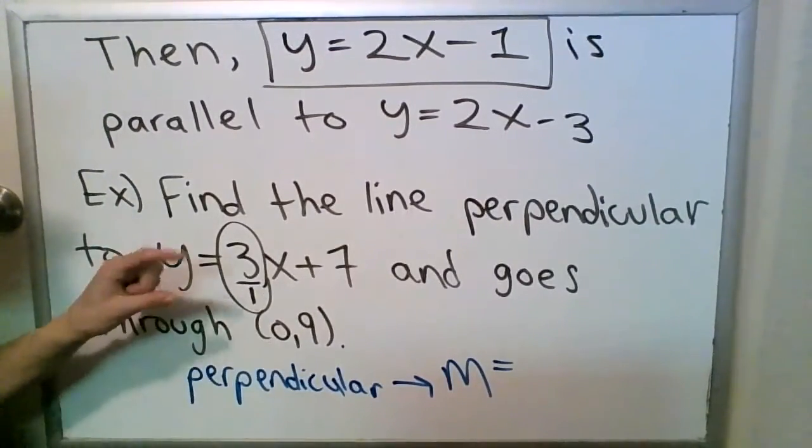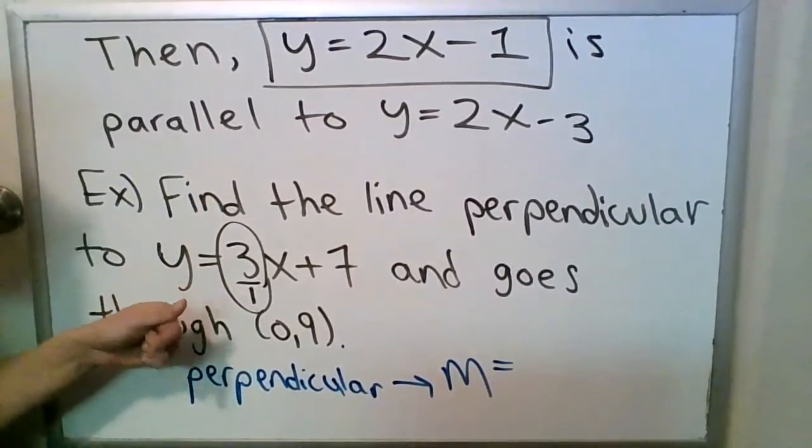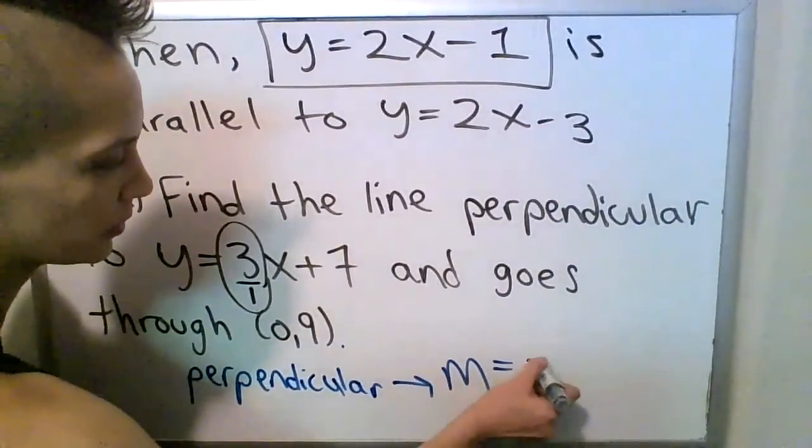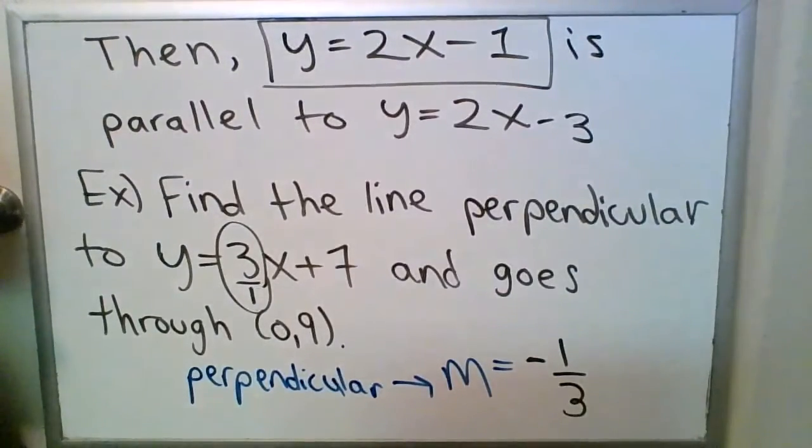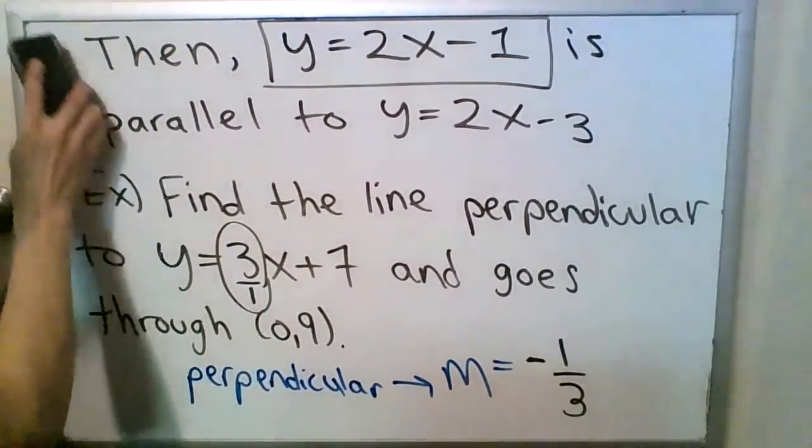So the reciprocal is to flip it over, have 1/3, and then we're going to also have it as a negative of 1/3 for the slope. Okay, so we've got y equals negative 1/3 x plus b.